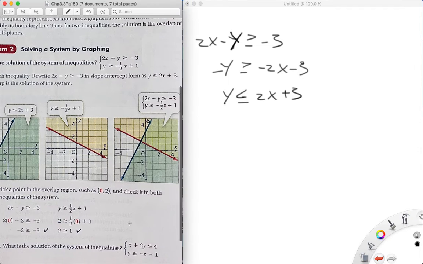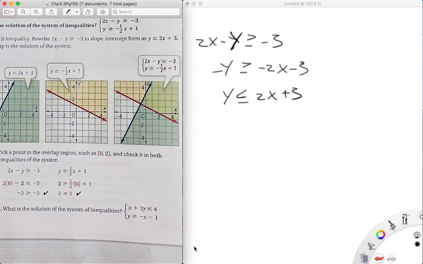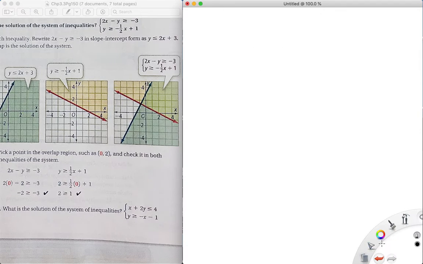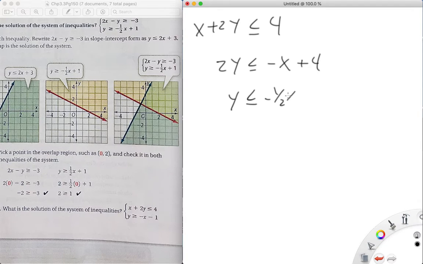Okay, so let's see what this looks like. I'm going to use decimals for this. So here we have x plus 2y less than or equal to 4. I'm going to subtract x from both sides, so it's 2y is less than or equal to negative x plus 4, divided by 2. I have y is less than or equal to negative 1/2 x plus 2.